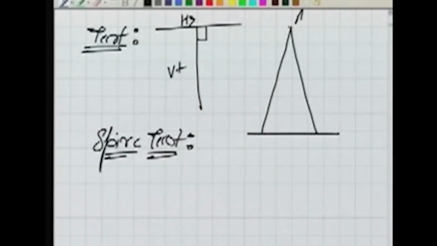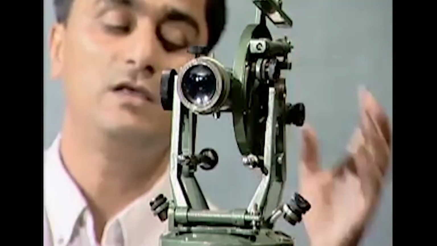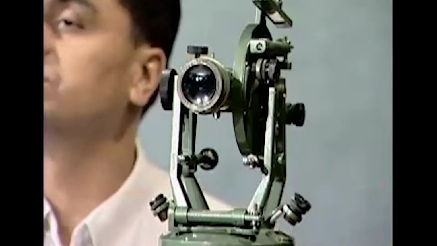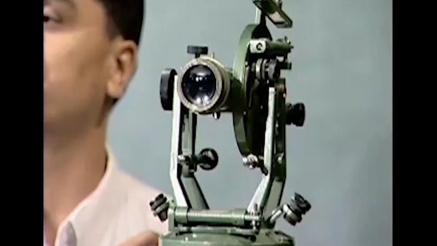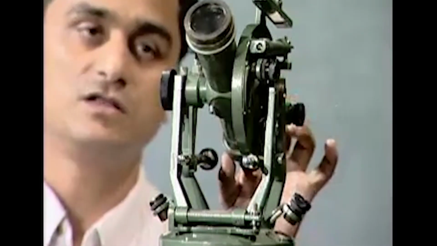So we choose this. Let's say this is point A, maybe the top of a tree, the top of a temple, the top of a church, anything. Now in our instrument, keeping the face towards my left, I level the instrument as per the procedure. The instrument is levelled now. Then I bisect that particular object.